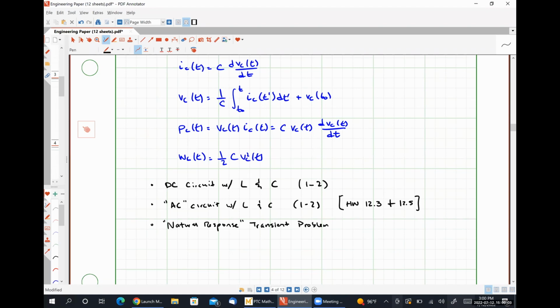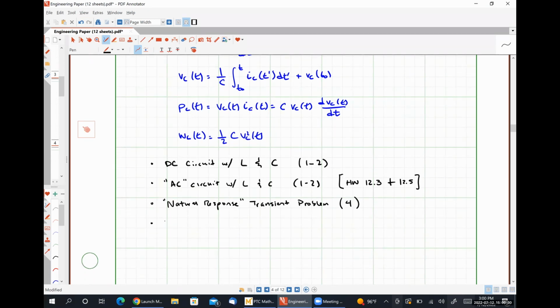I don't know if it'll be an RL circuit or an RC circuit. You will know that it's the natural response problem because I am not going to ask you what's going on at t is equal to infinity. Okay. And this will be, I think, 4 questions.